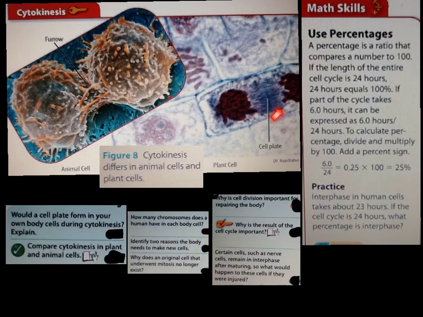Okay, well, as you take a look at Figure 8, which is this one here, there is a difference between animal cells, which is this one on the left, and plant cells, which is that one on the right. The one on the left actually is without a cell wall, if you notice. Here's your cell wall. So this one is distinguished as an animal cell.